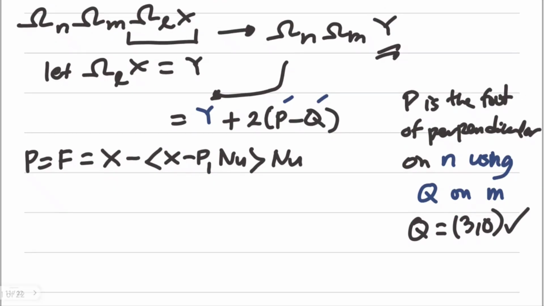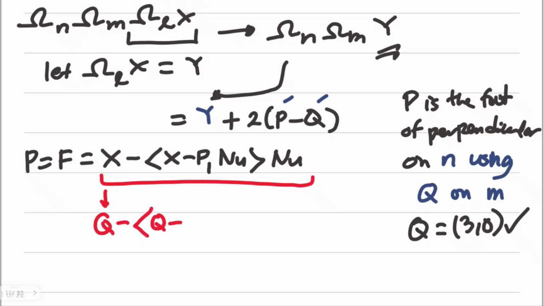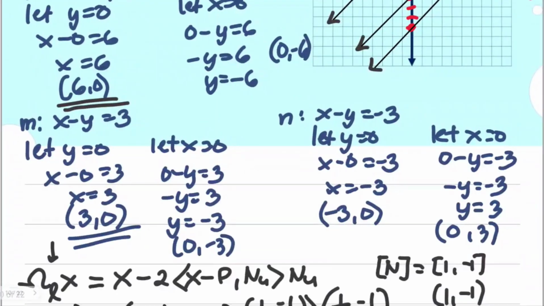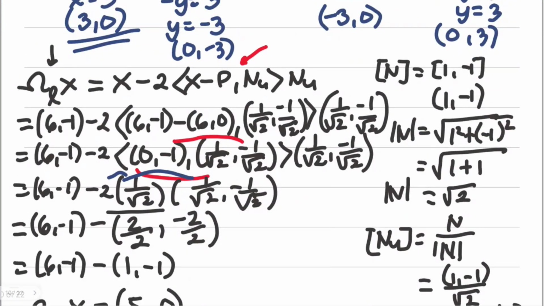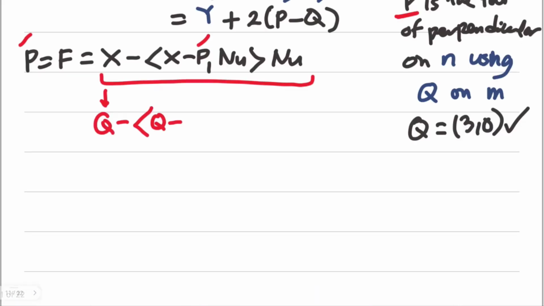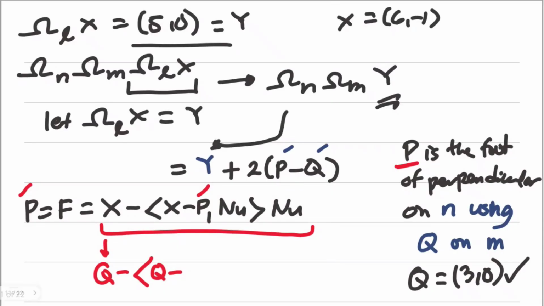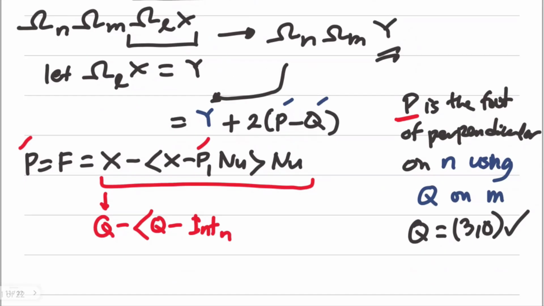What would be our x now? So how do we revise this? Our x is a point on our closest line M. So we're going to choose here Q minus, instead of P, so this would not be confused. Our P here is not the P that we're trying to solve as a foot of perpendicular, nor the P that we used here. Okay, let us use P as the intercept in N on the second line.